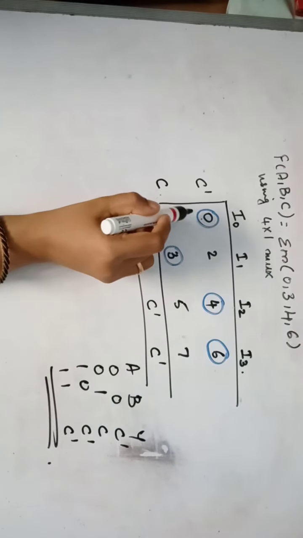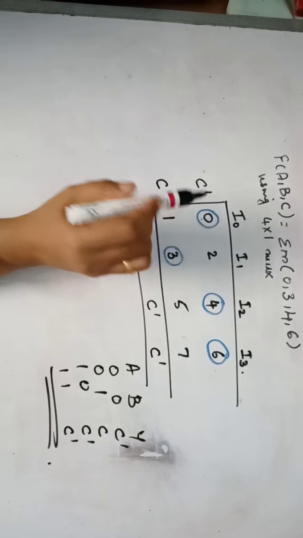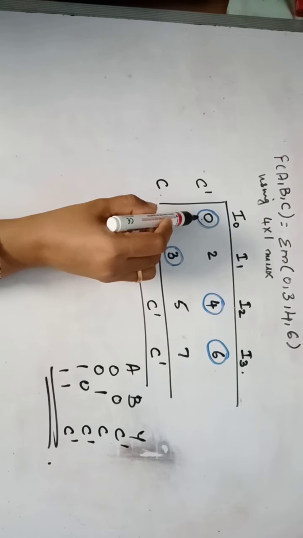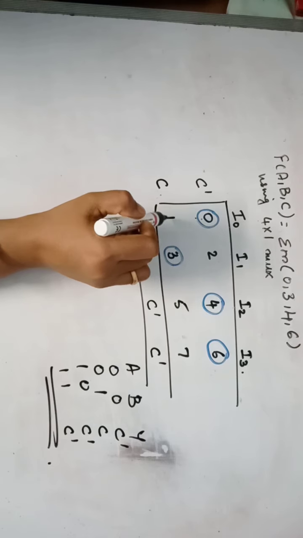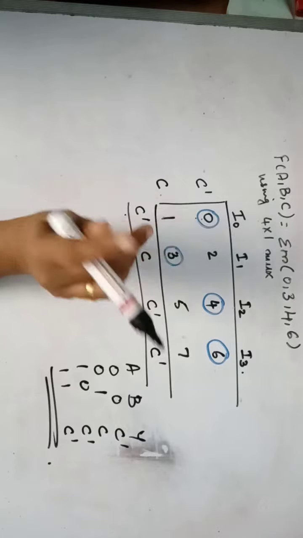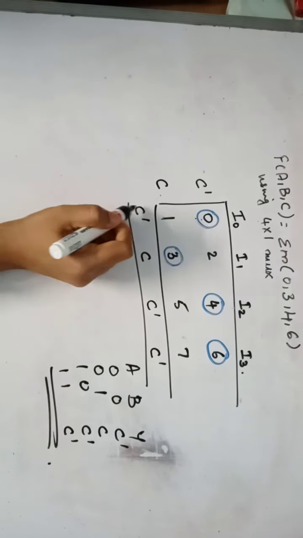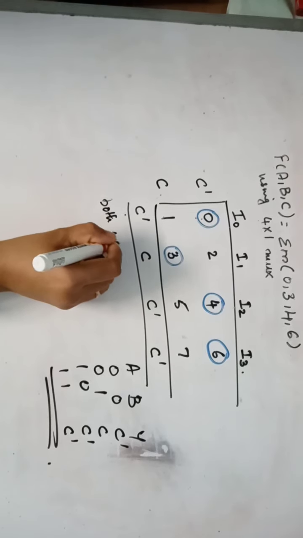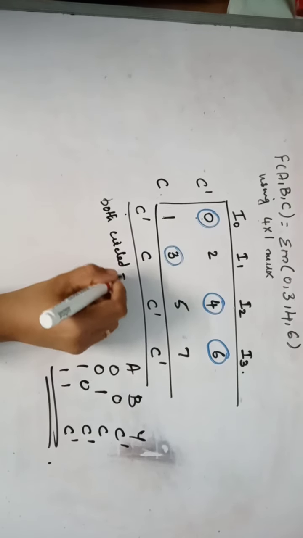Now suppose both are circled in a vertical column. That means if 0 is there and if 1 is there, in both cases the answer should be 1. So you will write it as 1. Both circled, answer is 1.